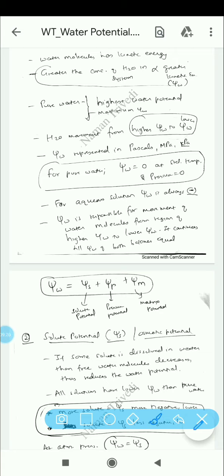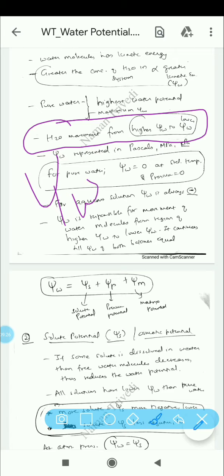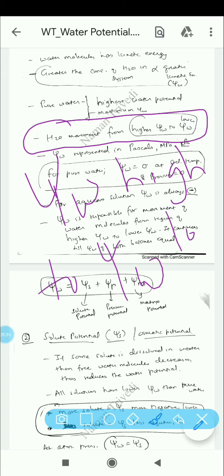So the H2O movement will always be from higher psi W to lower psi W. It will always be from where the psi W is high to where psi W is low.